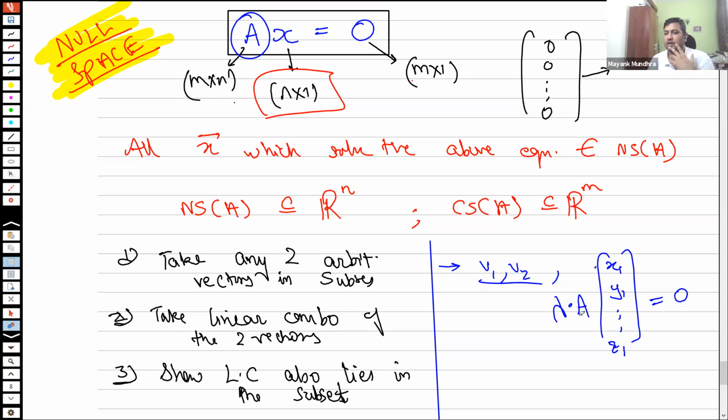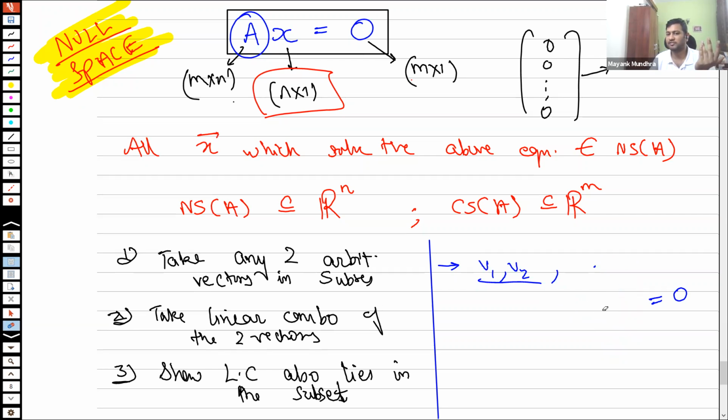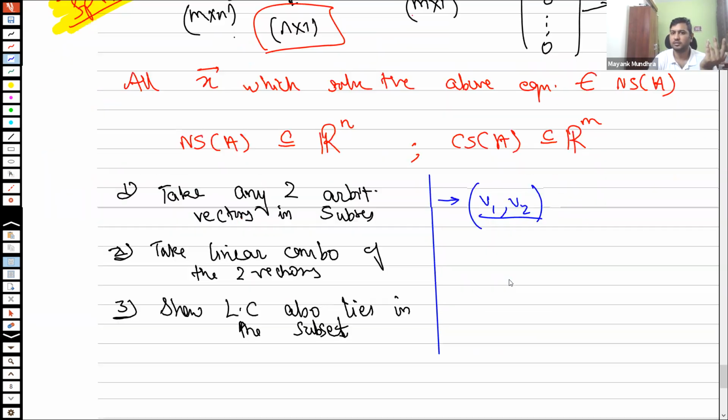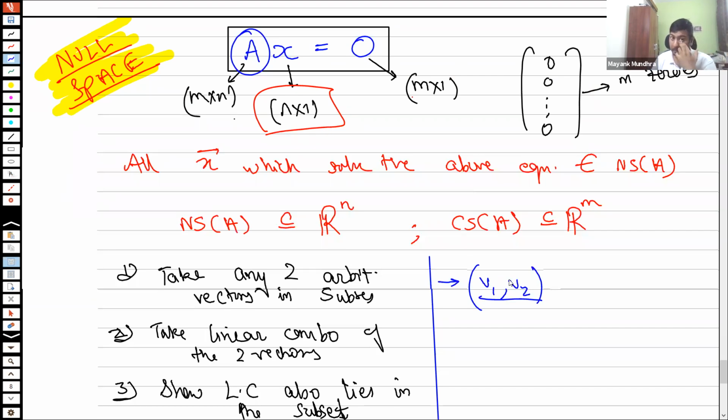No, the initial thing is you don't have to show anything in the first step. The first step is you want to define two vectors which satisfy some property. Can anybody tell me what property should V1 and V2 satisfy to begin with? V1, V2 belong to the null space of A. So what property should they satisfy in equation terms? What is the property which they should satisfy?